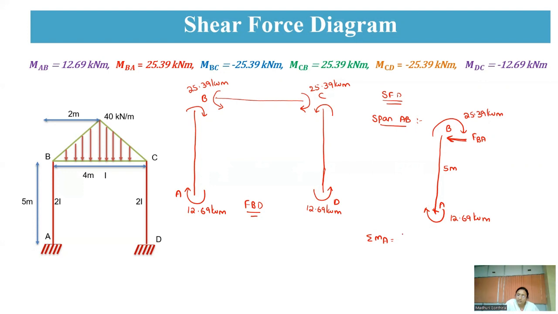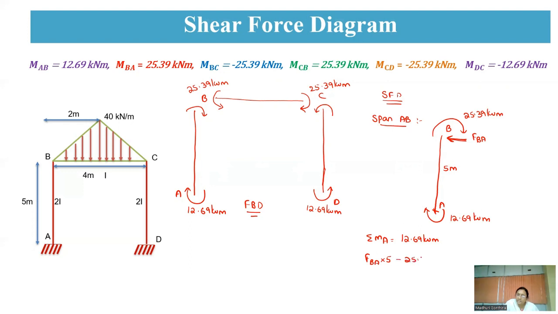So that means positive value 12.69 kilonewton meter. So about this point, if you are writing FBA into 5, this is in sagging nature. Again, this B moment is in hogging nature.